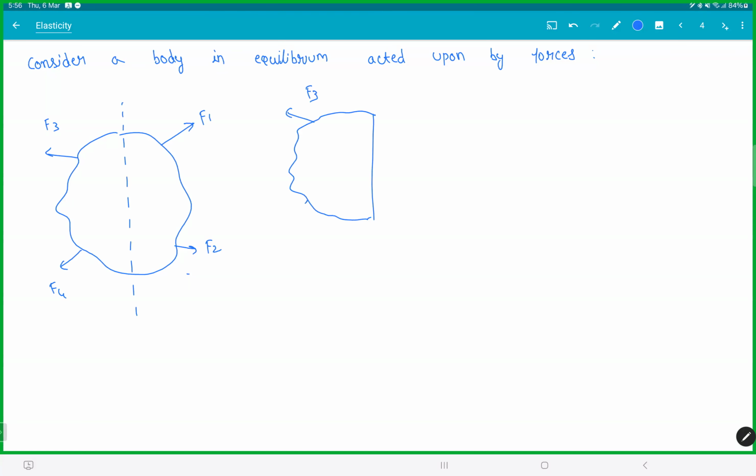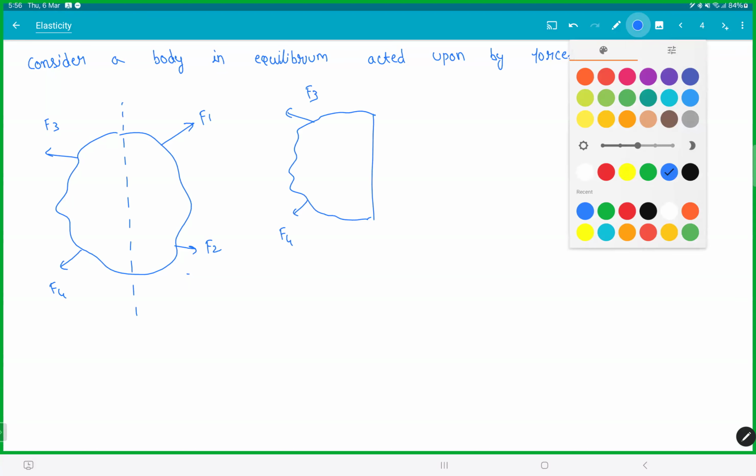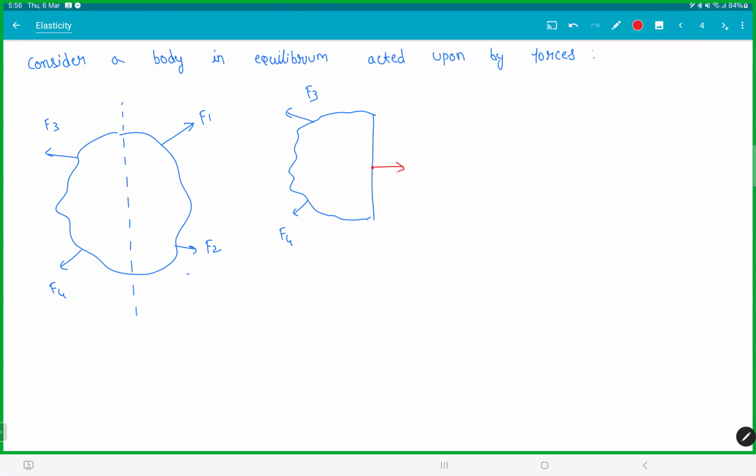This will be F3, this will be F4, and on this cross section, you will observe there is a tension perpendicular to the surface, and a tension parallel to the surface. This is the net tension. So the tension force need not be along the area. It can have two components, perpendicular and parallel. This is your restoring force. The restoring force will have two components.